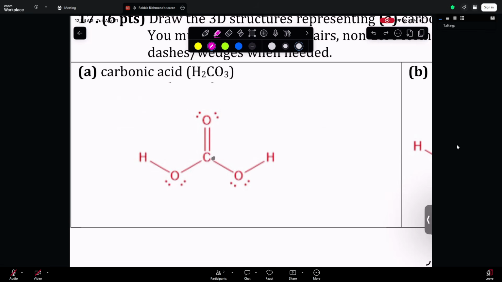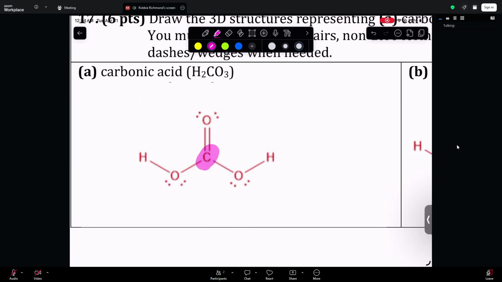So this carbon right here is not tetrahedral, this is trigonal planar. So we don't have to worry about any wedges or dashes, just because of the double bond between here and O, and the two will be in the same plane just based off of what trigonal planar is.